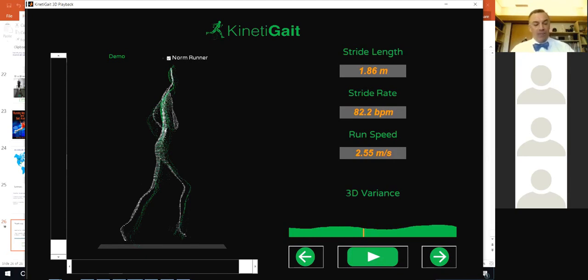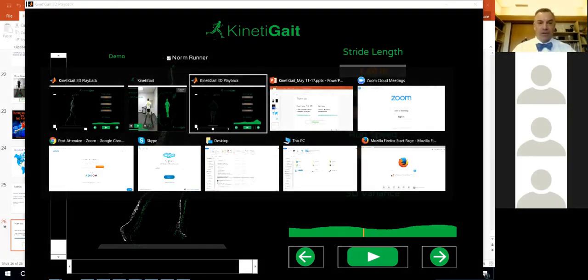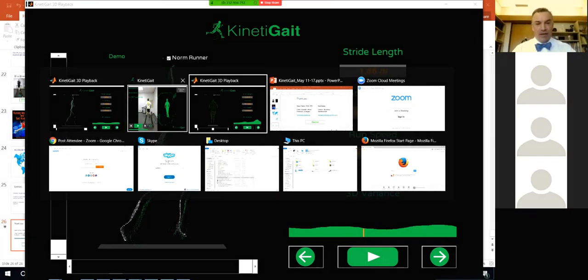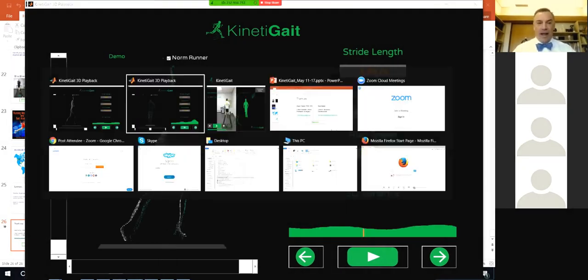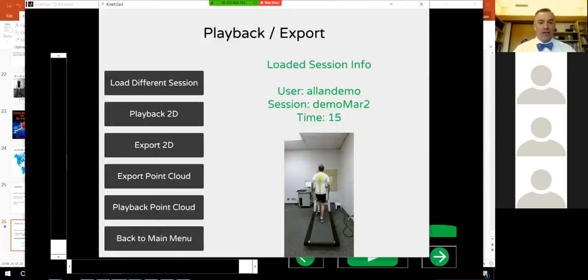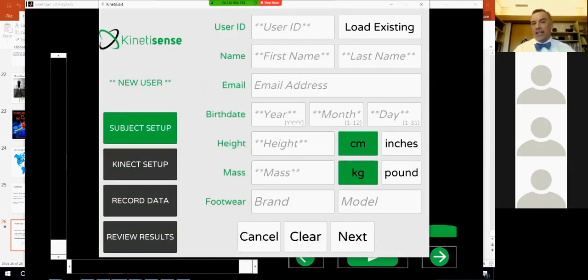Okay. Yeah, so just as an example here, if I go back to the main menu in subject setup, you would put in a user ID, you could load somebody up. Whoops, it's telling me I need to load this information.